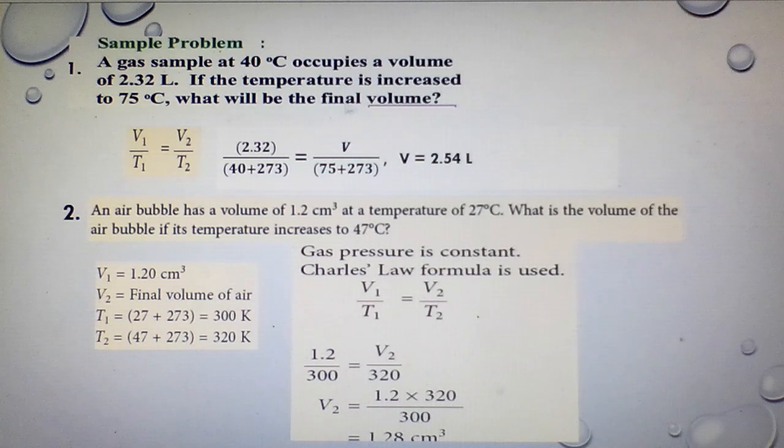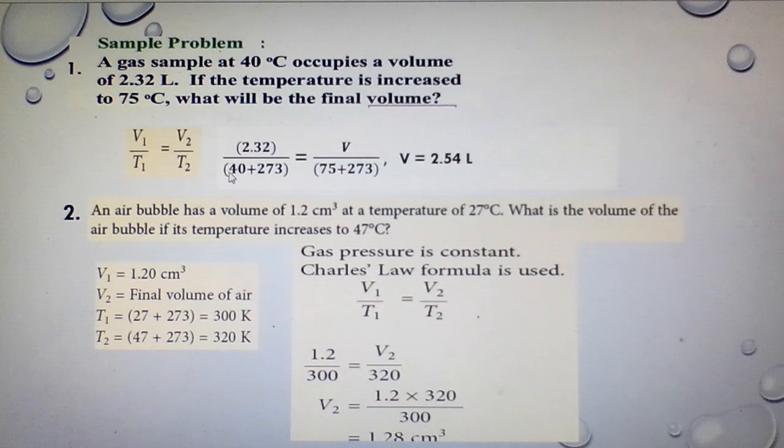Thus we know this question is about Charles's law. Straight away you can write the Charles's law formula and then substitute. Remember, Charles's law states that volume is directly proportional to absolute temperature, so the temperature must use unit Kelvin. If given in degrees Celsius, you must convert to Kelvin. If not, your answer will be wrong.